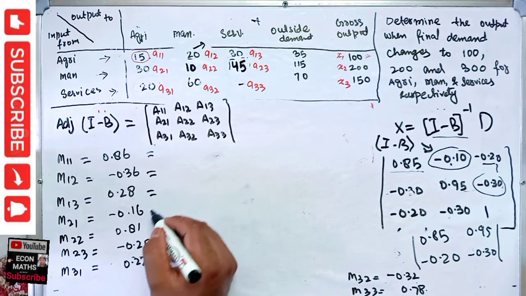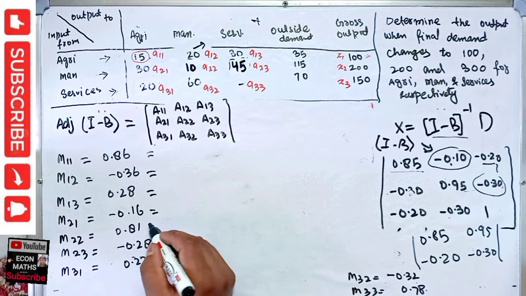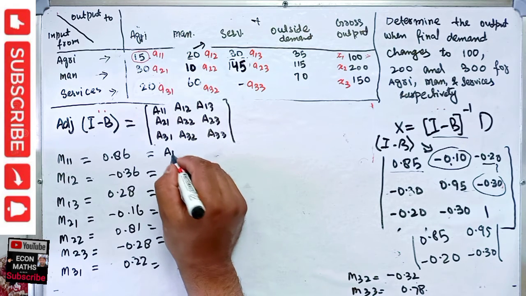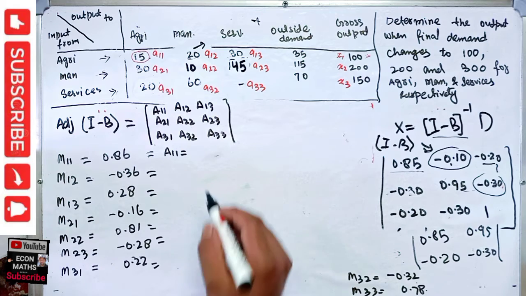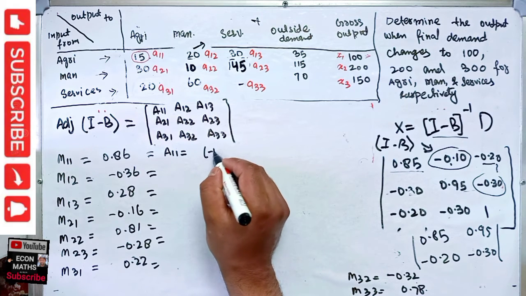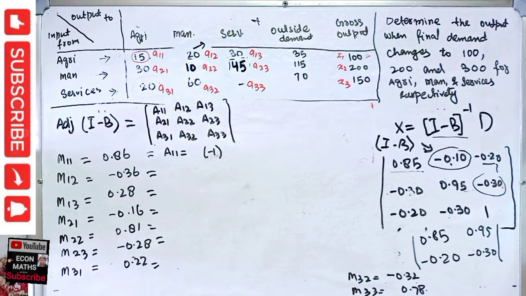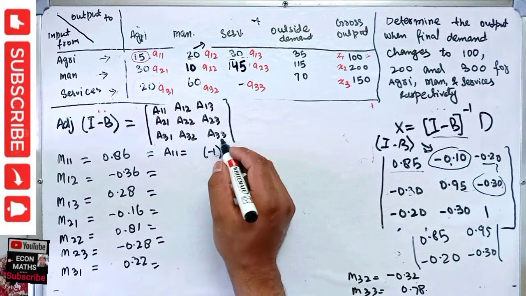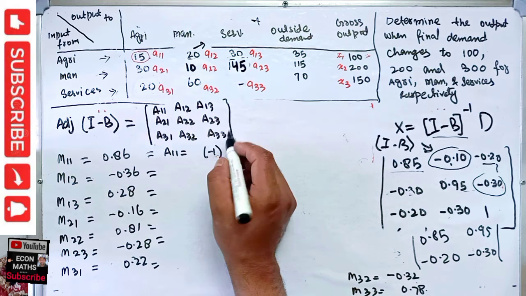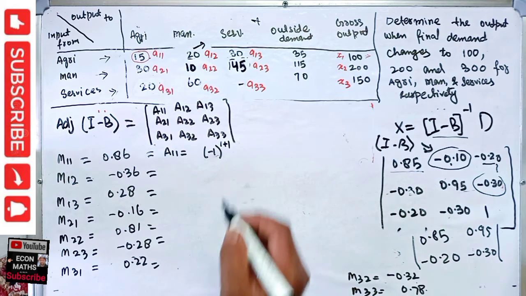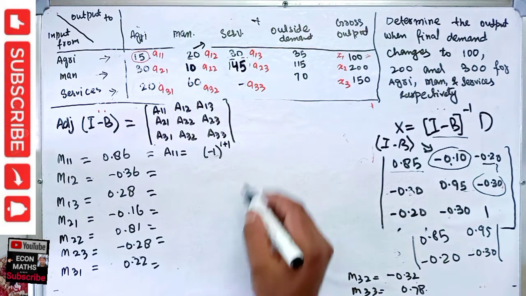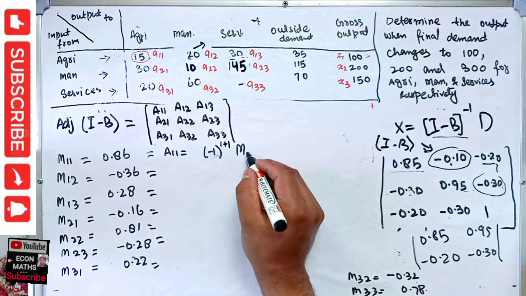Okay, now to find A11. A11 is simply equal to minus 1 raised to the power of the addition of the two numbers on the subscript, that is 1 plus 1, multiplied with M11.